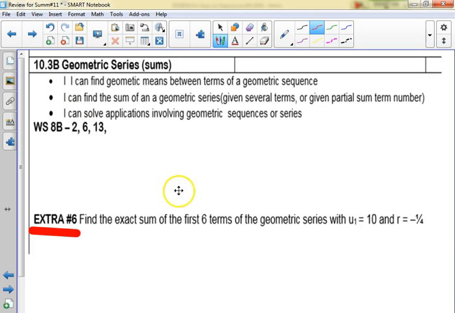All right, now I'm on 10.3b, back on the review sheet. This is geometric sums. Remind me of that horrible formula for finding the sum of a geometric sequence. S, sum. That's a hot mess. Okay, go ahead.